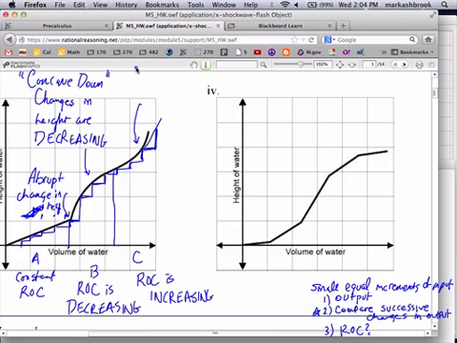This is called concave up, like a cup. When changes in height are increasing, it's curved upward.